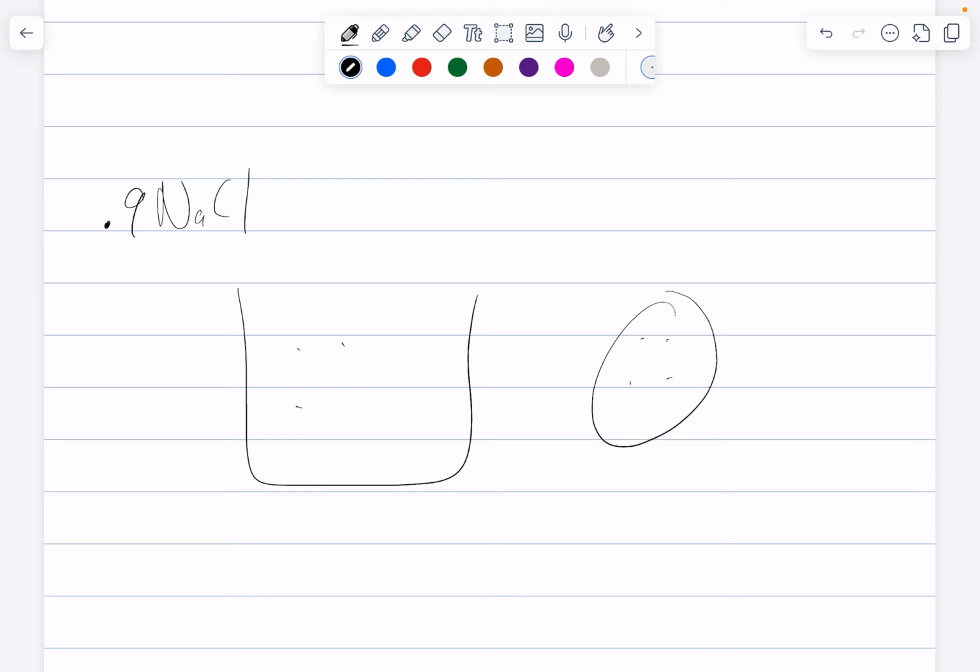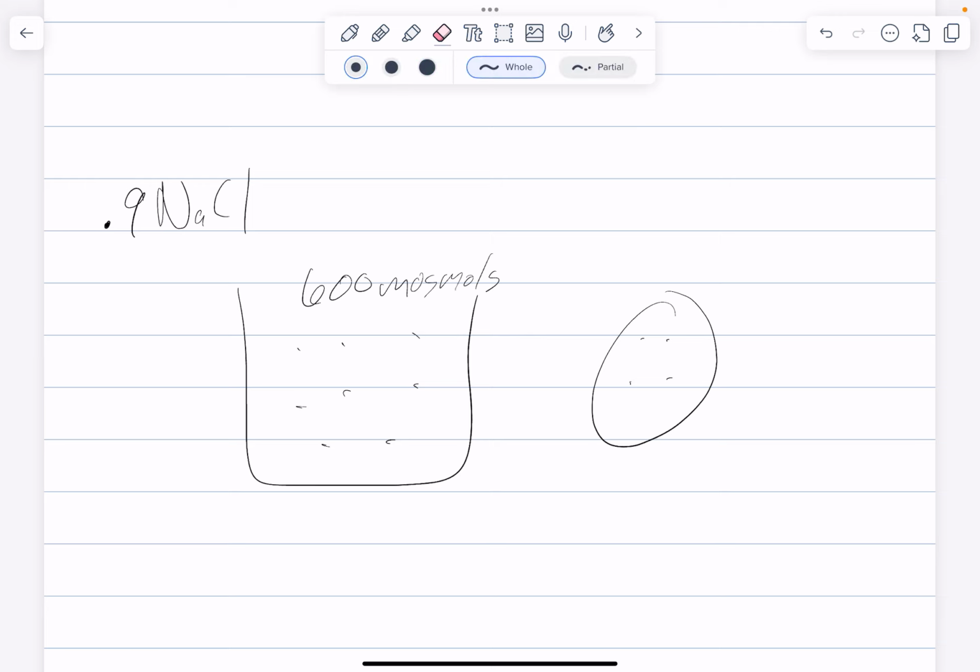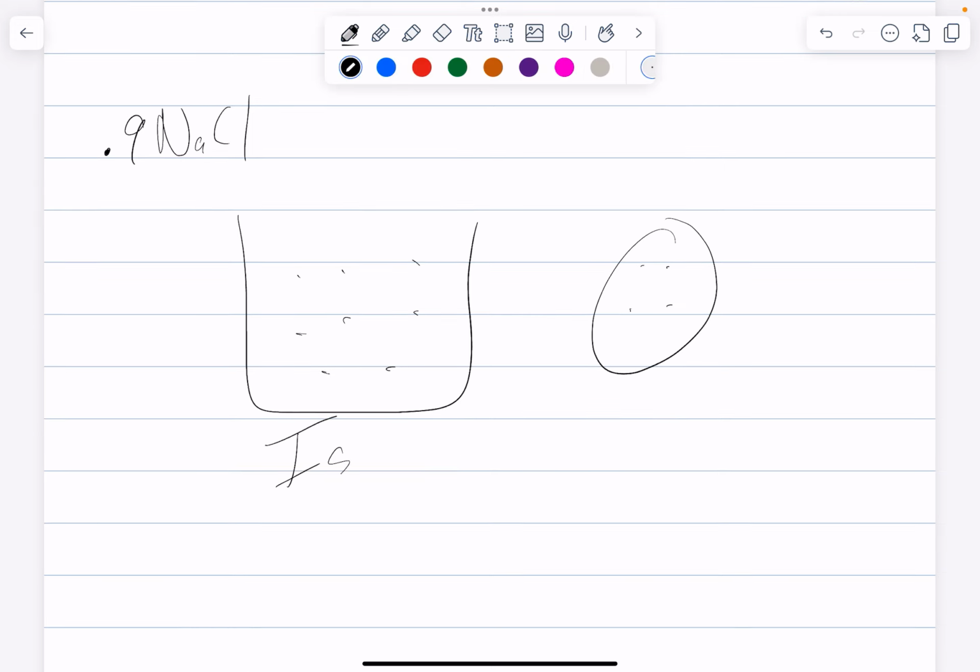So 600 milliosmoles, but this is the exact same solution. So this is an isotonic, isoosmotic solution.